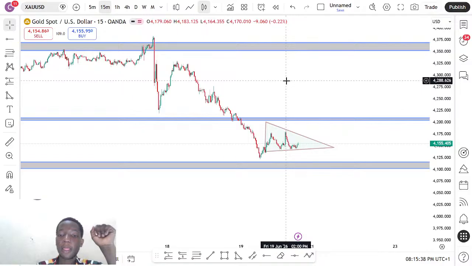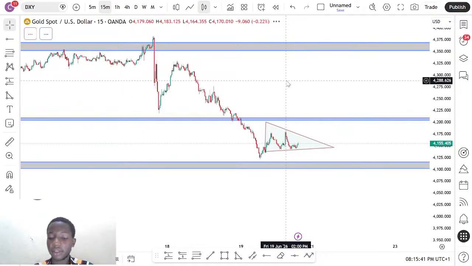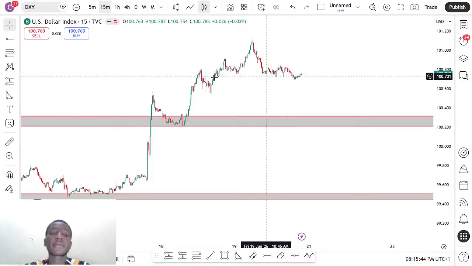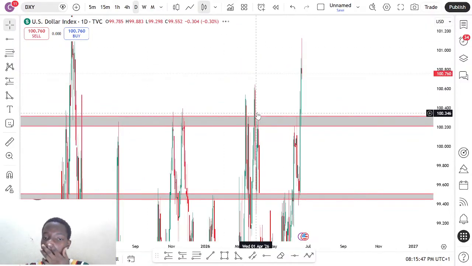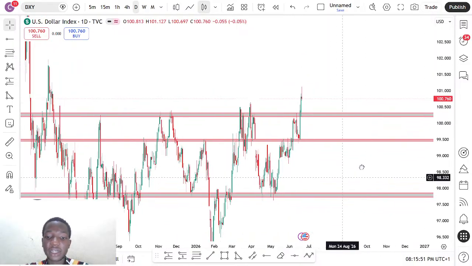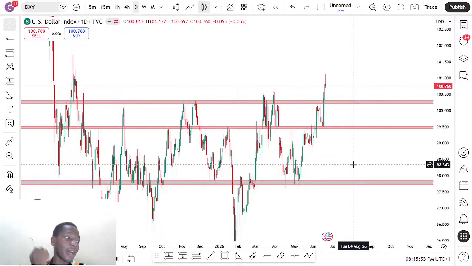So before then, let me go to my DXY, the US dollar index, because this also helped me a lot. As I also do my analysis here on the US dollar index, support and resistance, because that is mostly what I trade, support and resistance.